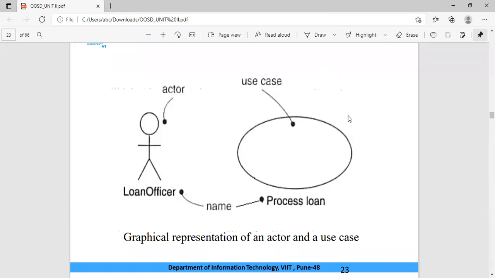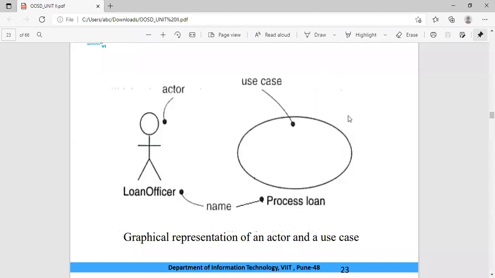Now in the use case, I represent the process loan. That means once I get the documentation of that particular customer, I can find out whether that particular customer is able to get a loan or not. So that is given as the use case, right? That use case is nothing but the functionality that is performed with the help of that particular actor.